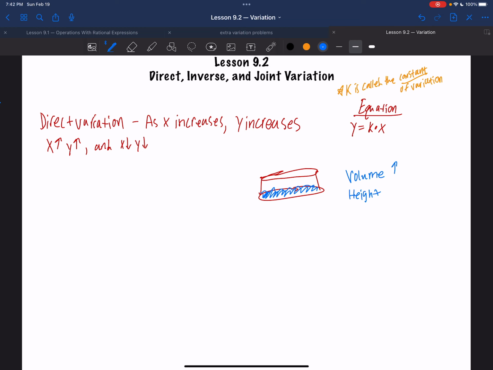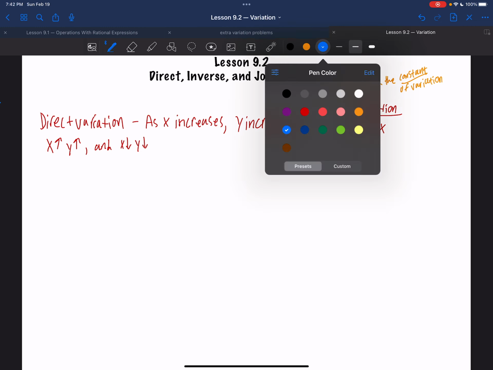Ask yourself what's going to happen to the height. Well, the height is going to increase. So this would be a direct relationship, sort of direct variation. As the volume of the water increases, the height of the water increases. And vice versa, if the height is increasing, then the volume logically would be increasing, assuming that we're in the same container and that the radius of this cylinder isn't changing. Making that assumption.